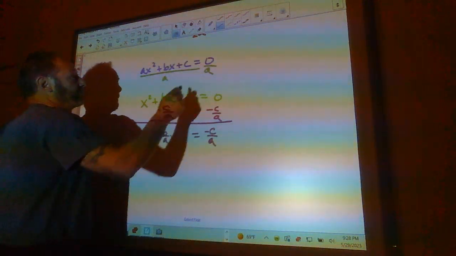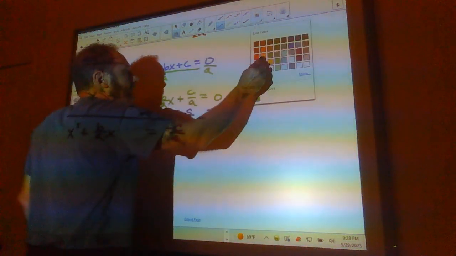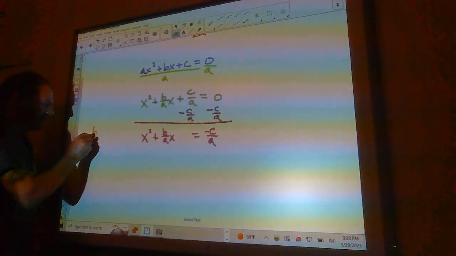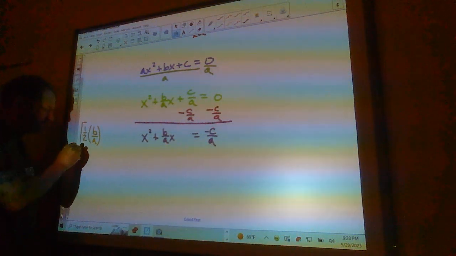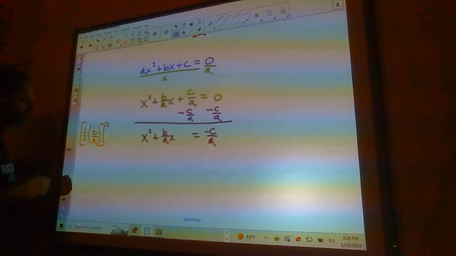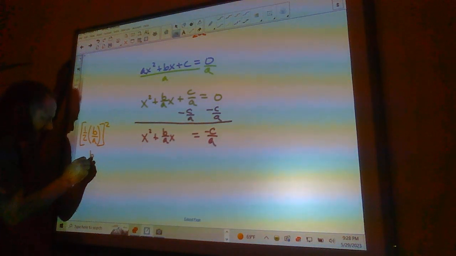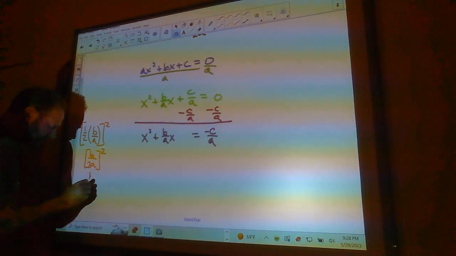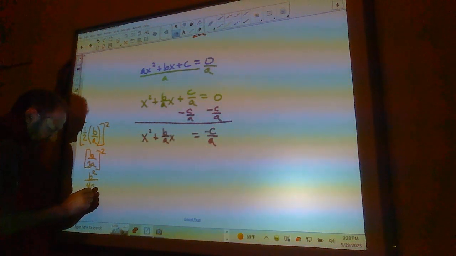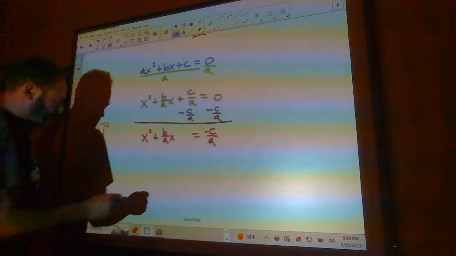Okay, now we're going to complete the square. So we are going to take b over a, take half of that, and square it. So that's going to be b over 2a squared, which is going to be b squared over 4a squared. I'm going to add that to both sides.